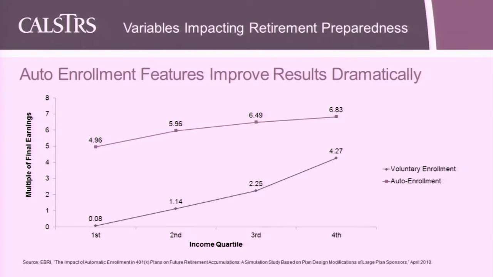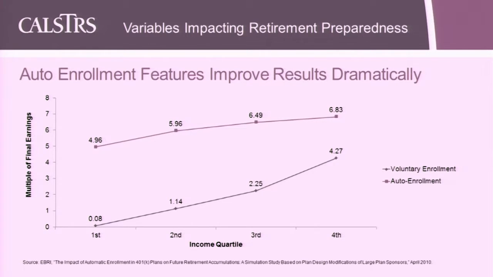So the second factor that affects people's preparedness in retirement is having a plan that incorporates some automatic features. This chart is actually a simulation of data, and the simulation estimates what people's retirement savings will be if they haven't been automatically enrolled in a retirement savings plan, and what their savings will be if they are automatically enrolled.